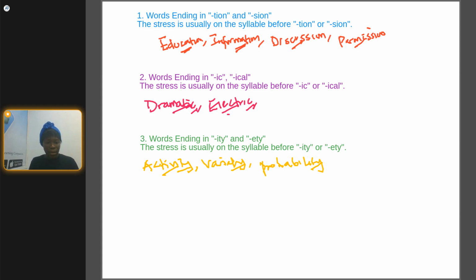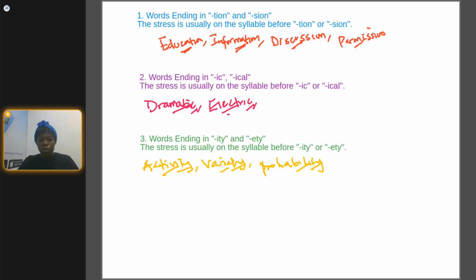The same for variety, the stress is on ri. Variety. And for probability, the stress is on bil. So that's for words ending in ITY and ETY: stress on the syllable before the ITY or the ETY.